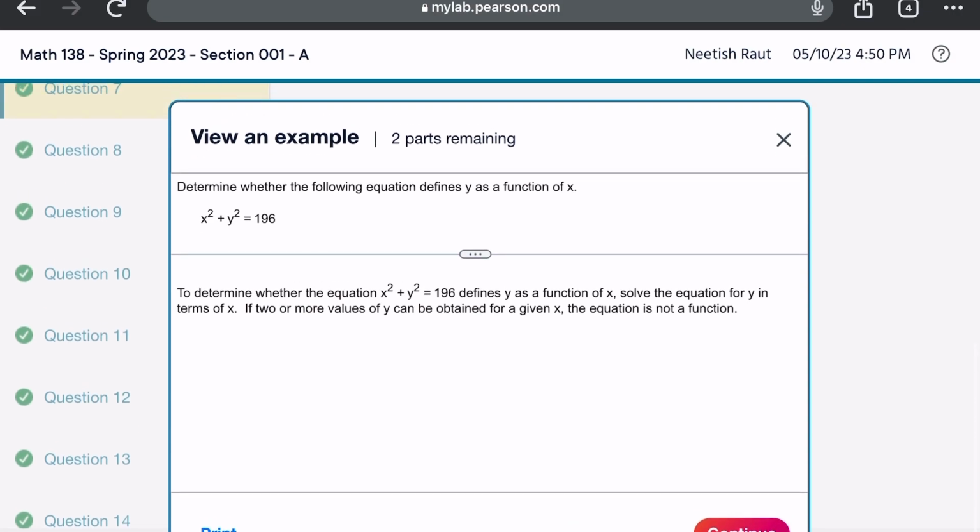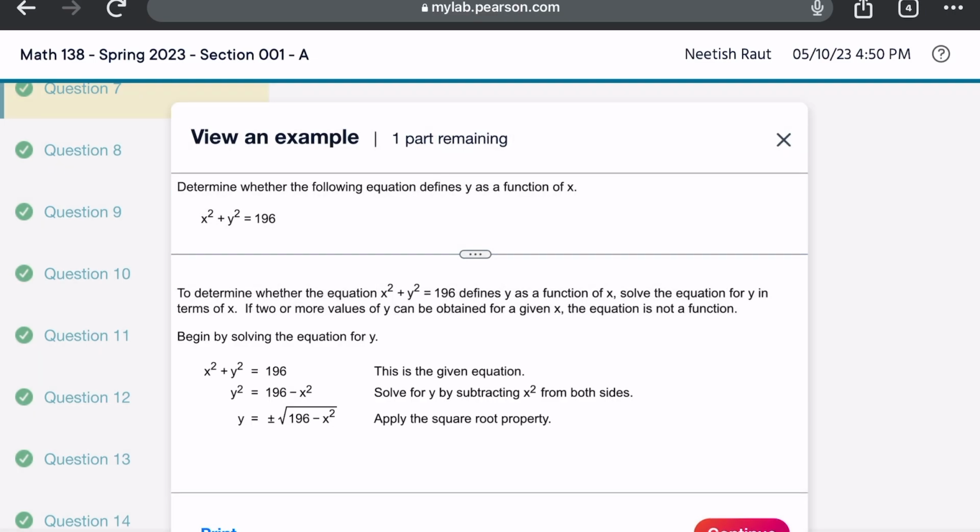To determine whether the equation defines y as a function of x: if two or more values of y can be obtained for a given x, the equation is not a function. Our equation was y equal to this. We had done that, right?